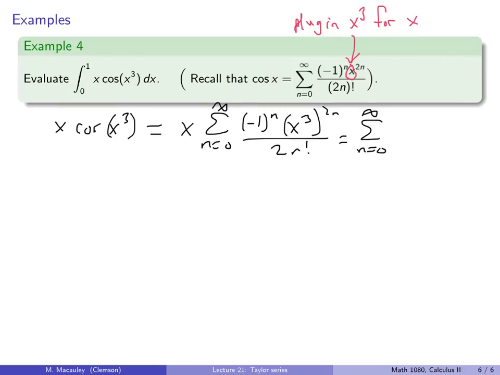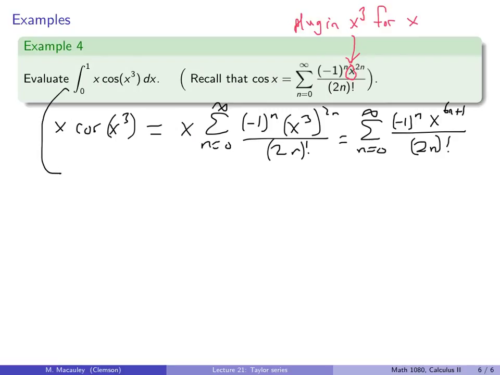This guy is x to the 6n, and then I have an extra x coming out there. So this is going to be negative 1 to the n, that doesn't change, x to the 6n plus 1 over (2n) factorial. I should probably put this in parentheses.